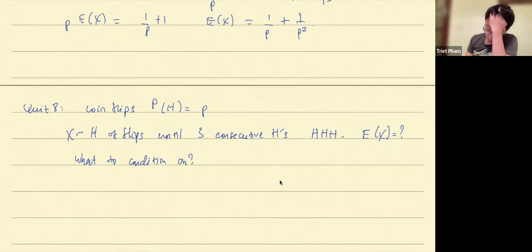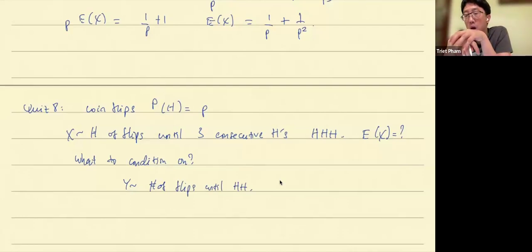So here, it'll be the number of flips until two consecutive heads. Okay. Why would that be appropriate? The reason is, the moment you get two consecutive heads, then you can analyze the next flip to decide the result of your experiment. That's why this is the appropriate one to condition on. Okay.